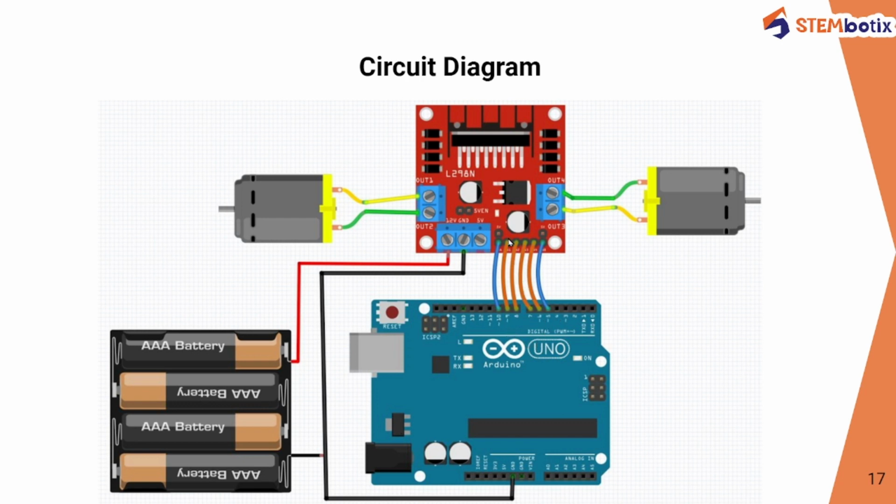We have connected IN1, IN2, IN3 and IN4 on pin numbers 9, 8, 7 and 6. We have connected the positive terminal of the battery to the 12 volt pin of the L298N motor driver module, and the negative terminal of the battery or external supply is connected to the GND pin of the L298N motor driver, and also to the GND pin on Arduino Uno.